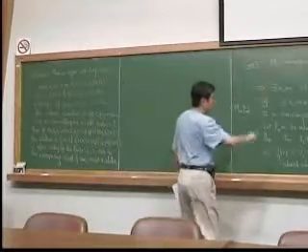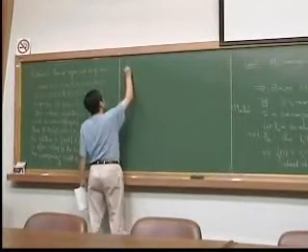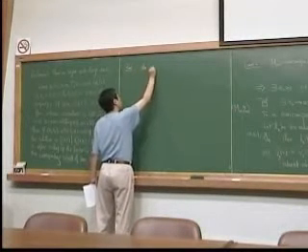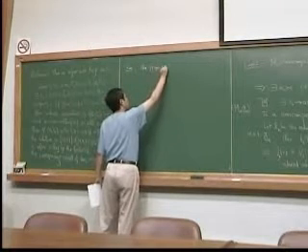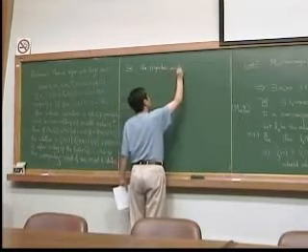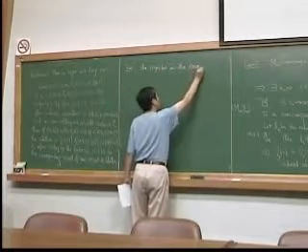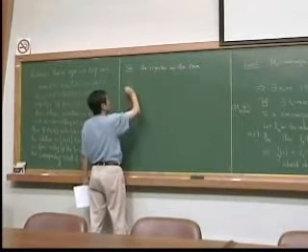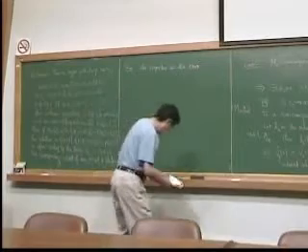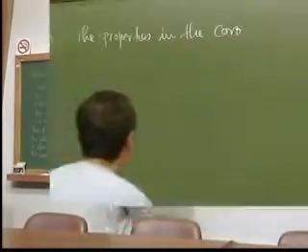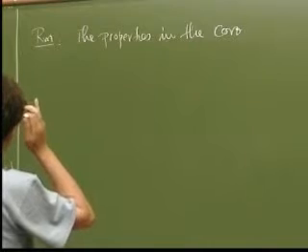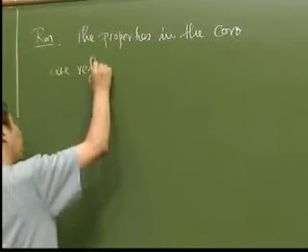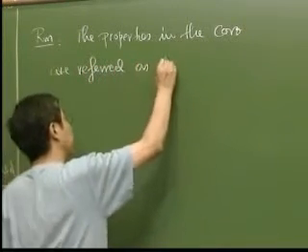So this property is stated in a remark, maybe. The properties in the last corollary, let's refer to as the canonical neighborhood assumption.